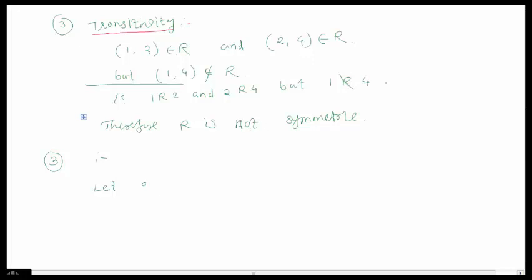Therefore this relation is not transitive.